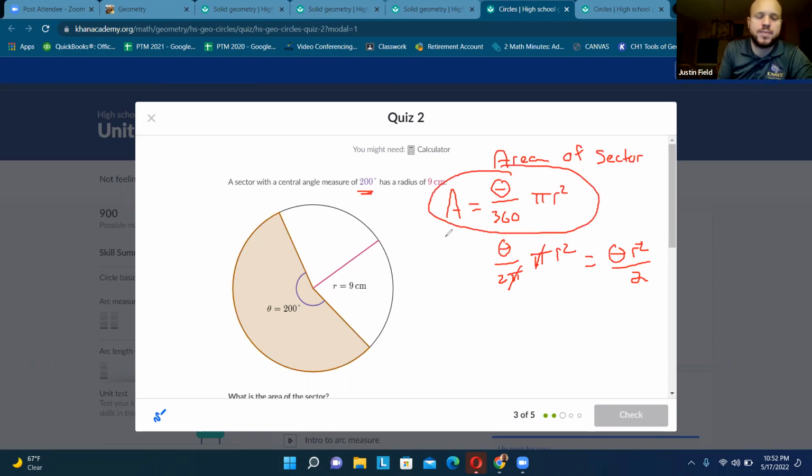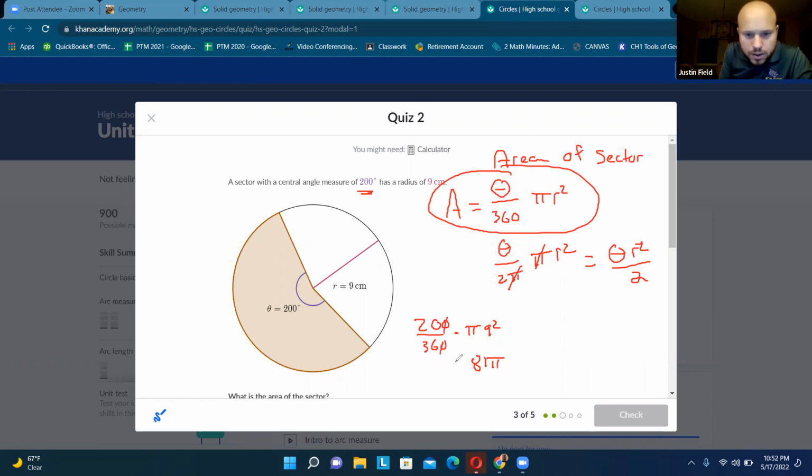But we're given this in degrees, so we're going to use our degree formula in this case. What is the area of the sector? 200 over 360 times pi r squared, pi 9 squared, 81. So that would be 81 pi.